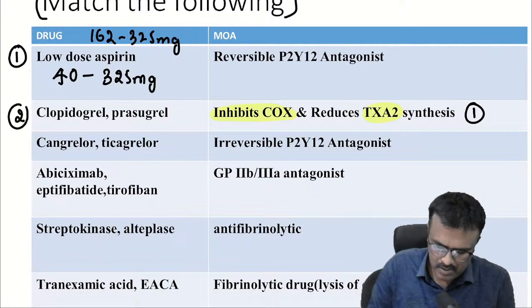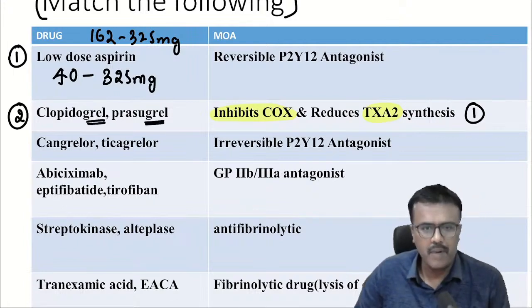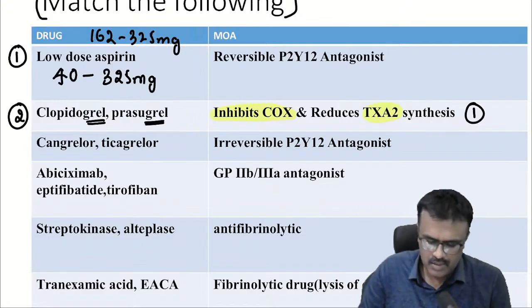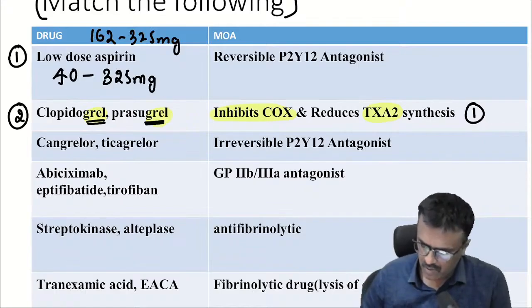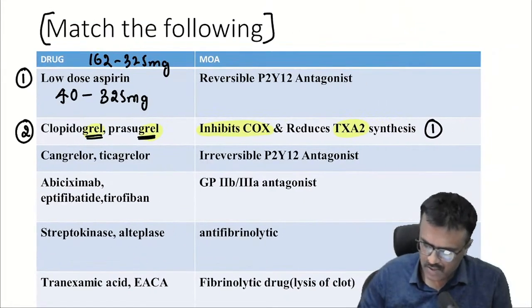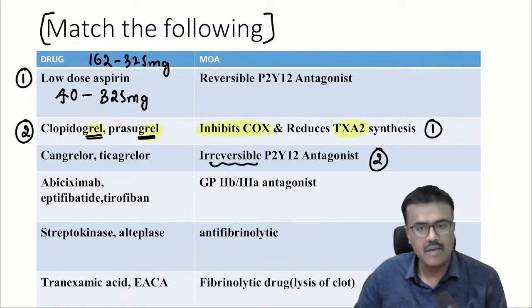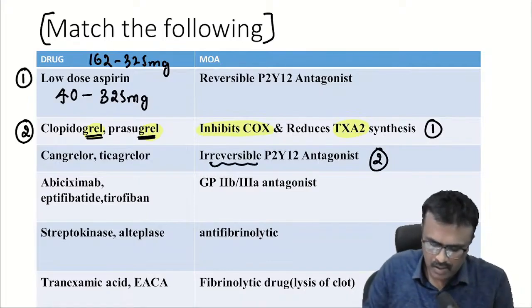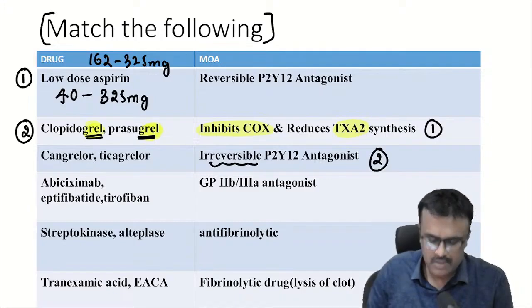Second group of drugs, they end with grel. Clopidogrel, prasugrel. These drugs ending with grel block P2Y12. Now please understand they block P2Y12 irreversibly. So grels inhibit irreversibly, and grels are prodrugs.